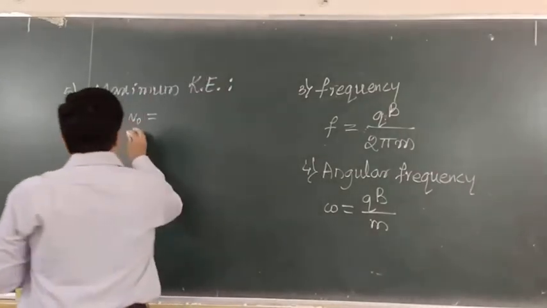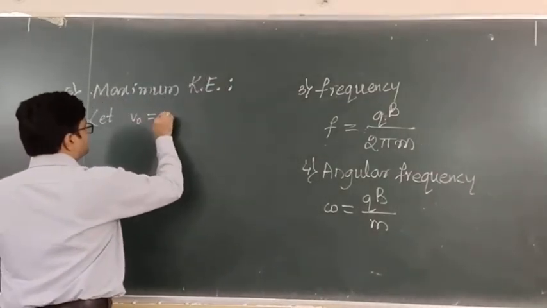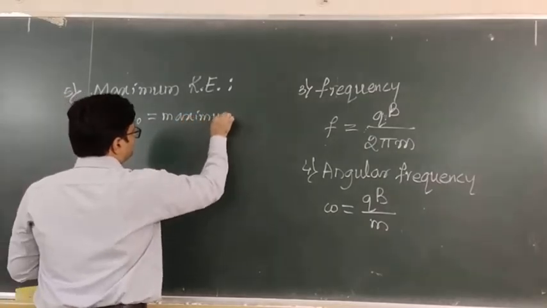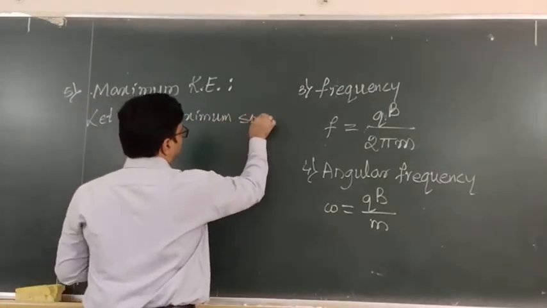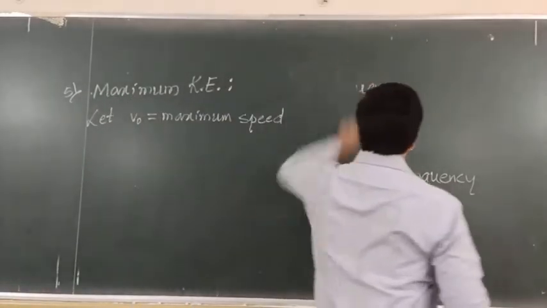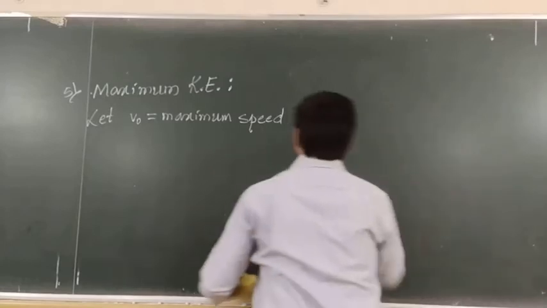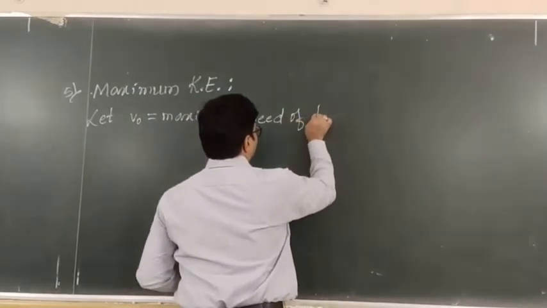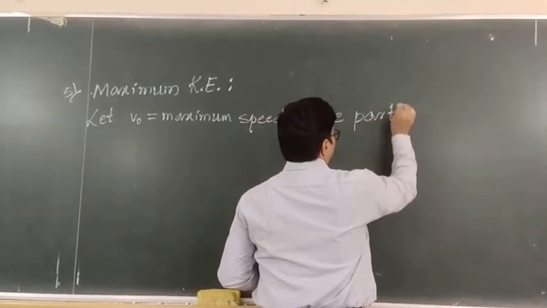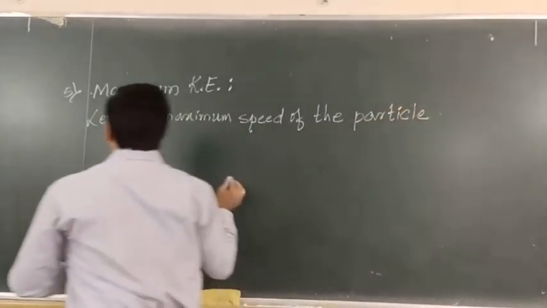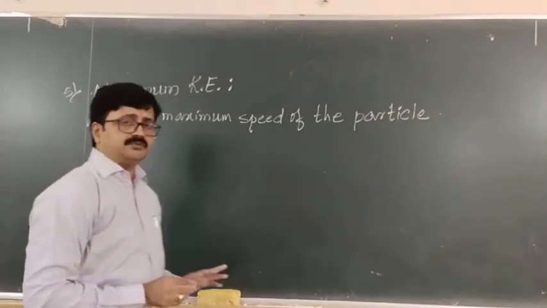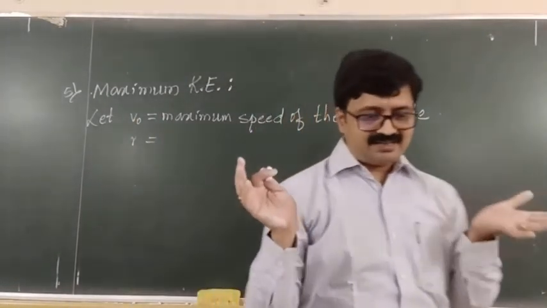Okay, so I take v naught as the maximum speed of the particle. Then r is equal to that is the maximum radius, I can say.